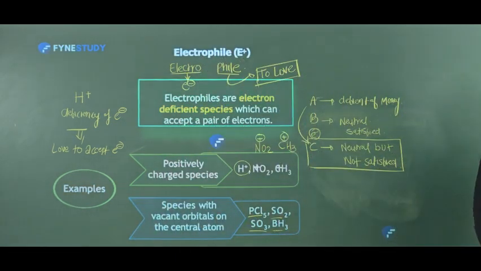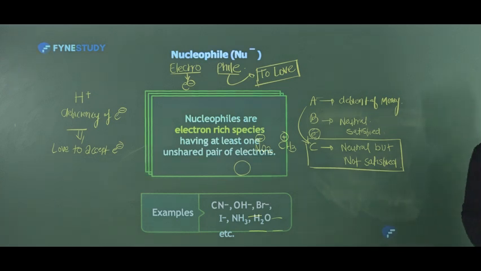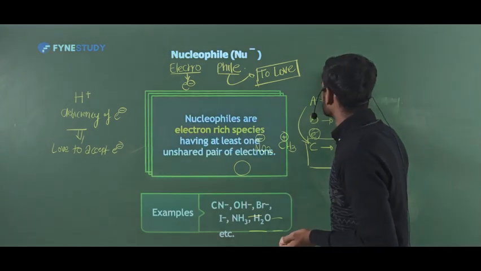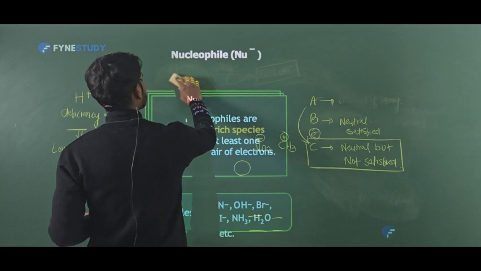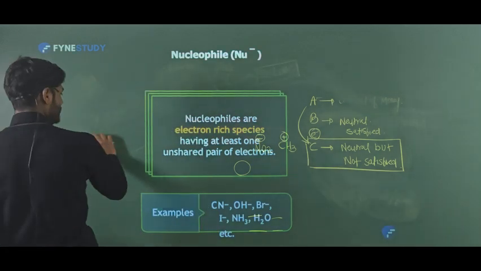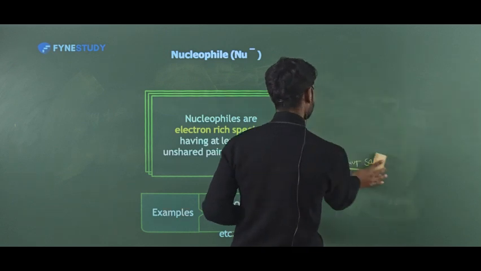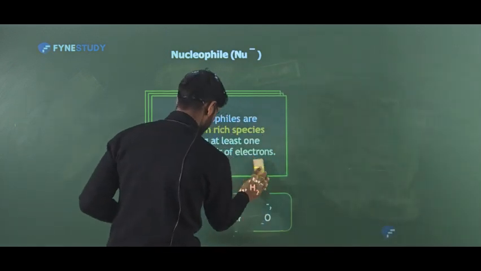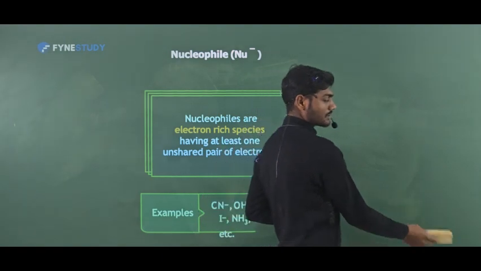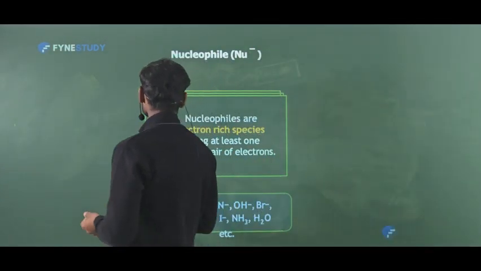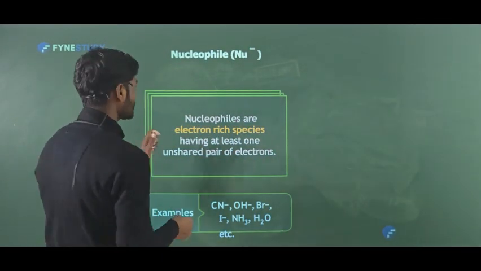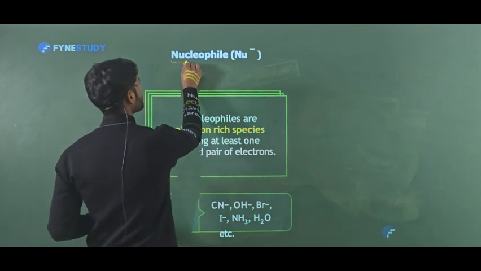Let's move on. Now what is a nucleophile? Nucleo simply means nucleus, and phile simply means to love. So the species which loves the nucleus.